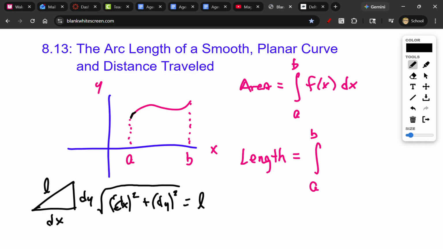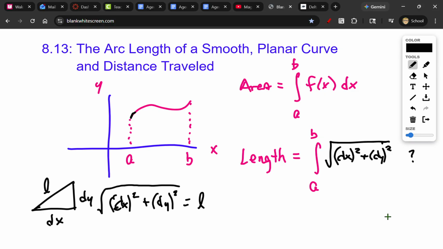But I need to calculate an integral with a differential of dx, right? So what we're going to do with this expression is put in the square root of dx squared plus dy squared, but I don't have a differential out here.